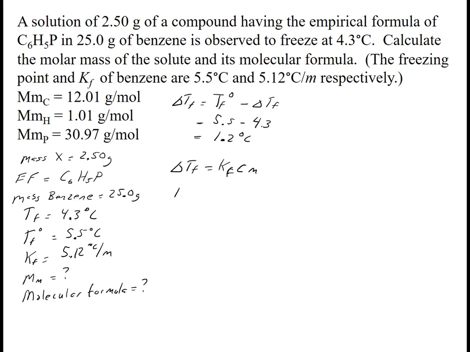So I have 1.2 equal to 5.12 times Cm. 1.2 divided by 5.12 gives me Cm, which ends up being 0.2344 molal, or small m.